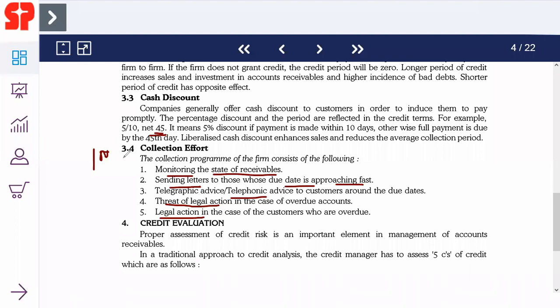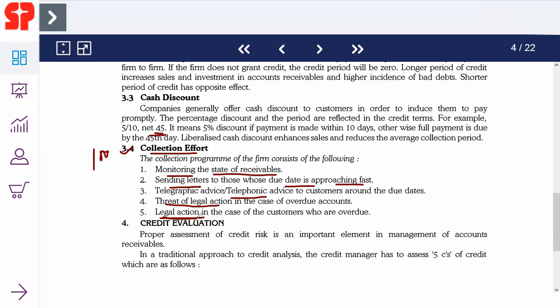So these are the collection efforts, and they will involve various costs. If you are sending letters, there will be miscellaneous costs like printing and paper. Then you have to appoint separate persons for collection, so you will have to pay them salary, etc. And if there are bad debts and you are going for legal action, then the cost will be very high, because you will have to pay legal experts, advocates and lawyers for advice and for filing a case.